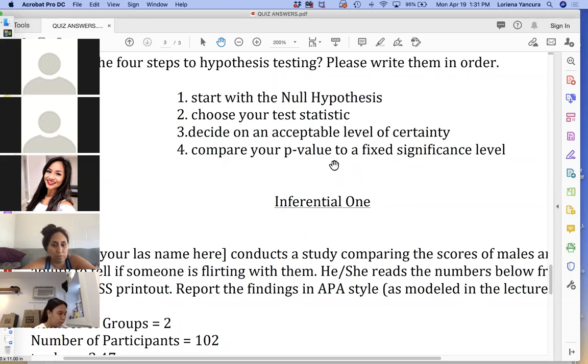A p-value tells you the certainty, based on your numbers, that your results could be due to chance. So let's say you get a p-value of 0.78 and you had set an alpha level of 0.05.